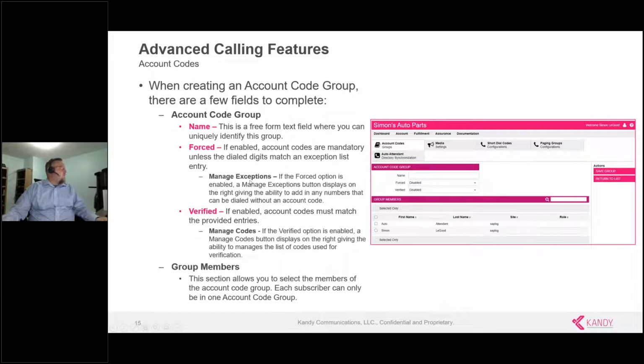Once forced is enabled, you have a manage exceptions section. If you wanted to add telephone numbers that do not require an account code, maybe you have another branch office, or perhaps you want to add your employees' mobile numbers to the exception list so that account codes are not required when dialing those. On the verified side, once you've enabled verified, that's when you would add in the codes that the system is verifying against.